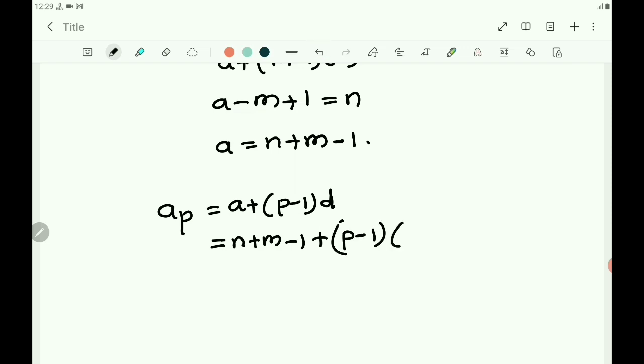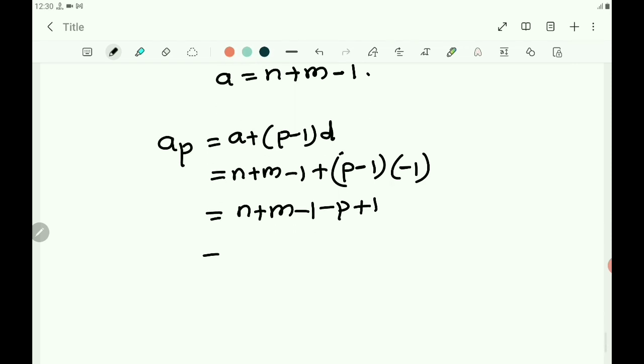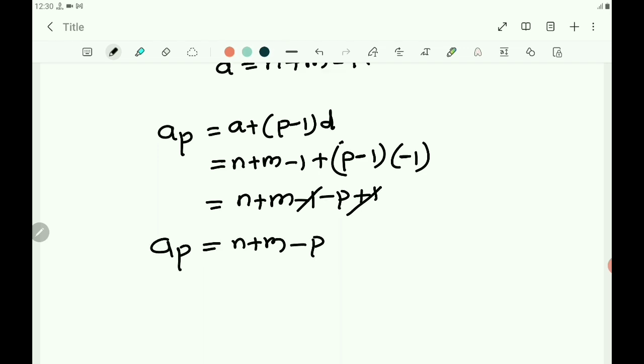What is the value of D? D is minus 1. Then n plus m minus 1, P into minus 1 is minus P, minus 1 into minus 1 is plus 1. Plus 1 minus 1 cancels. Here what is remaining? N plus m minus p. So you got AP is equal to n plus m minus p.